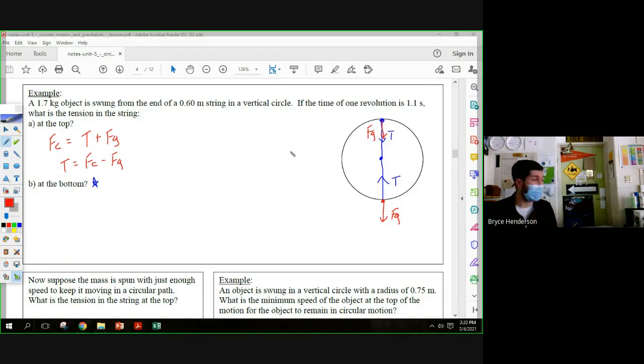Now, of course, we need to find these things. How do I find Fg? Yeah, it's just mg. Did they give me a mass? They did, 1.7 kilograms, so Fg would be 1.7 times 10, which is 17 newtons. So that one's easy.